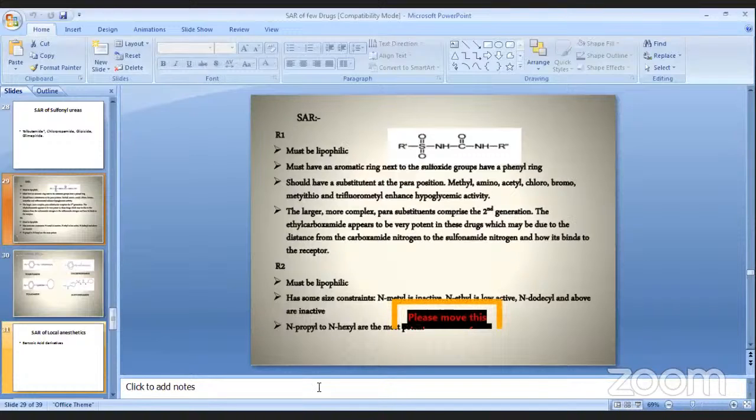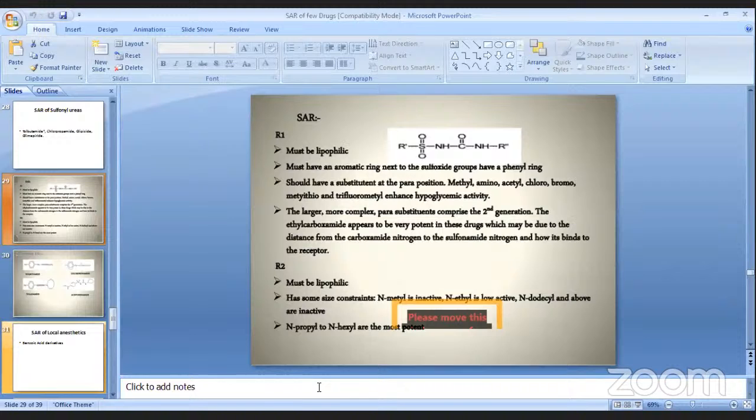sulfonylurea, and the R1 ring must be lipophilic in nature so that it can penetrate the blood-brain barrier. Lipid solubility increases and it can penetrate inside the cell, and it must have an aromatic ring.